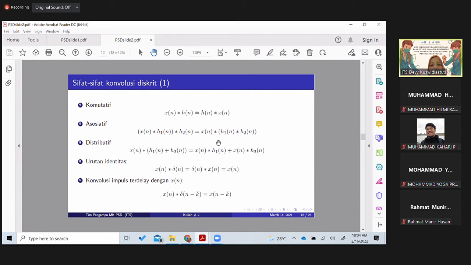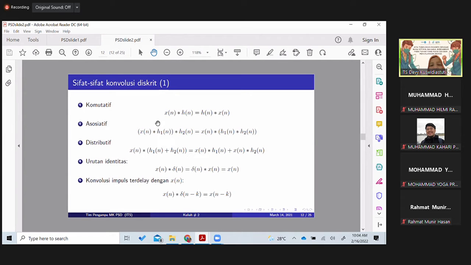So if you have two systems, and for the first system you have the input x[n], you can do the convolution here first.